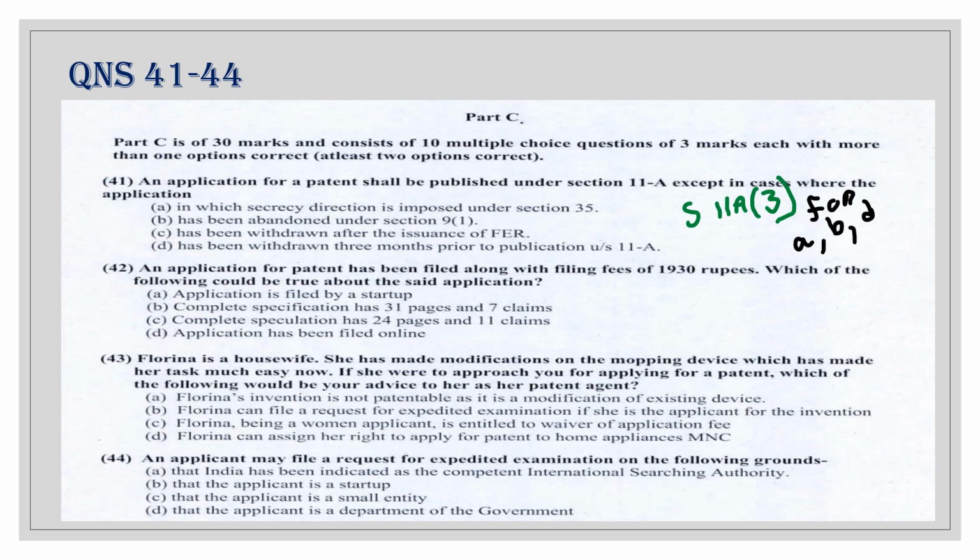If only one option is correct, then you will have to choose that. And if all four options are correct, you will have to tick all of them. If three of them are correct, then you have to tick all of them.